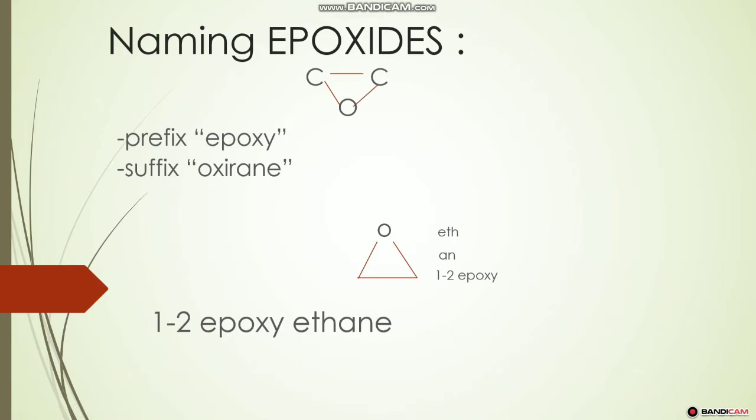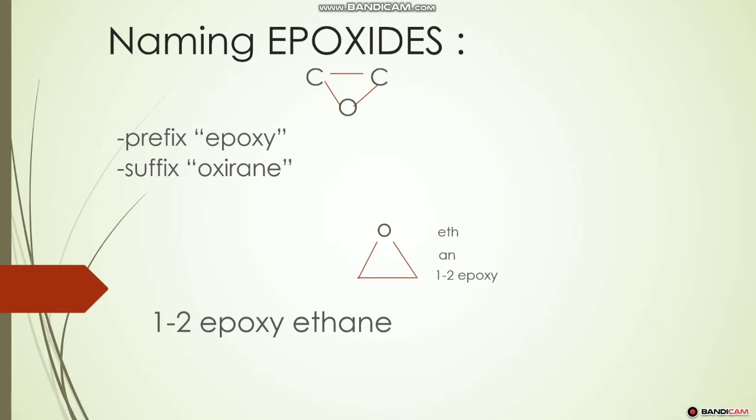There are 2 ways to name epoxides, both of which were tackled in naming organic compounds. The first one is to use the prefix epoxy following the IUPAC rules in naming, and the second one is to use the suffix oxide at the end of the molecule. So in this example, we have oxygen attached to 2 carbons. So this is the first carbon and the second carbon.